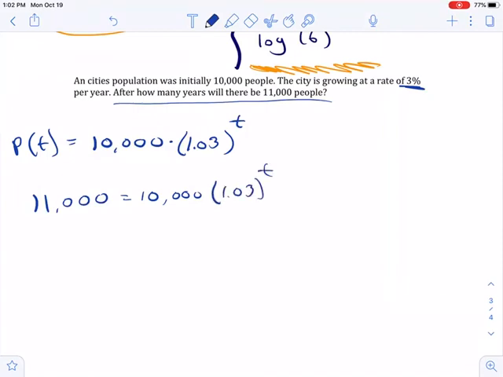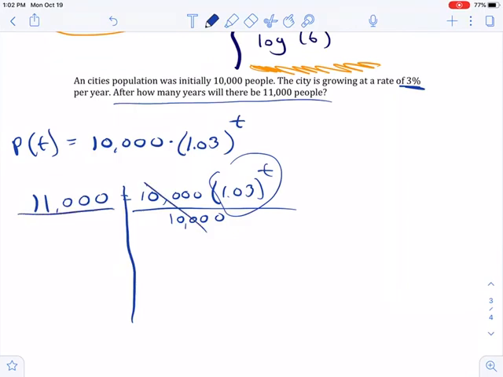So no different from the equations we were starting with, I'm going to start by trying to isolate my exponential, which is this, and that amounts to dividing by this 10,000 on both sides. And then I'm going to rewrite this as a logarithm. So sometimes it's a little choppy to keep working on that same line.